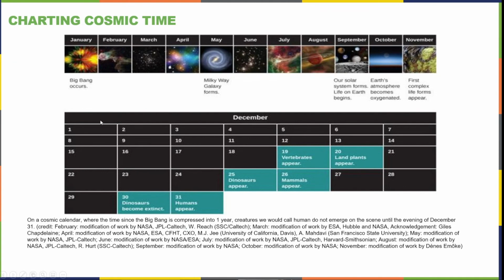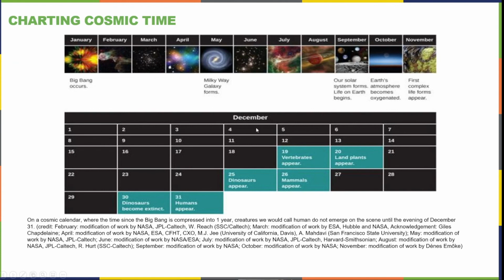Okay, and we have more detailed news about December. So that's the December calendar here, day by day. So all these first 18 days, the evolution of this complex life form grows, and these smaller life forms evolve into bigger ones.